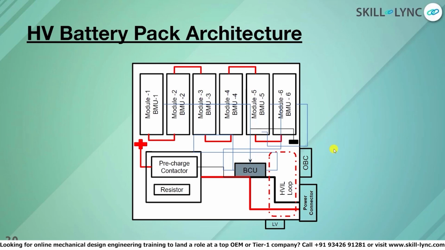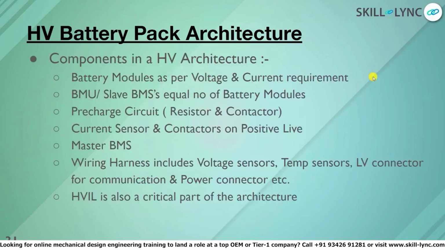It is quite complicated. Here it's quite simple as a line diagram, but it becomes very complicated in practice. So as we saw in the components of the HV architecture, there are a number of modules as per the voltage and current requirement. We have BMUs and BCUs according to the number of battery modules and the number of cells in them. We have a precharge circuit, consisting of a resistor, a contactor and other wiring harness required.